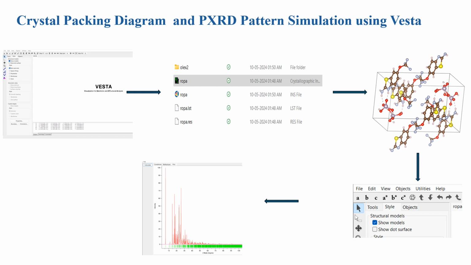the task at hand is to simulate a PXRD pattern, we go to this taskbar and we see this utilities tab. When we click on it, it gives a list of tasks that you can do. So from that we selected PXRD pattern simulation, and by selecting that it opened a dialog box like this.